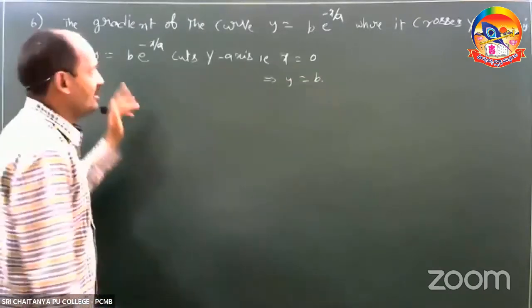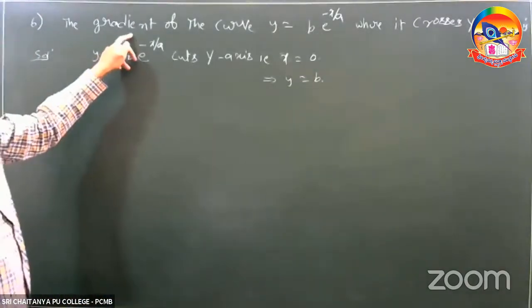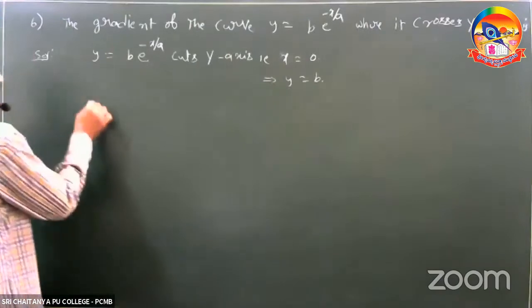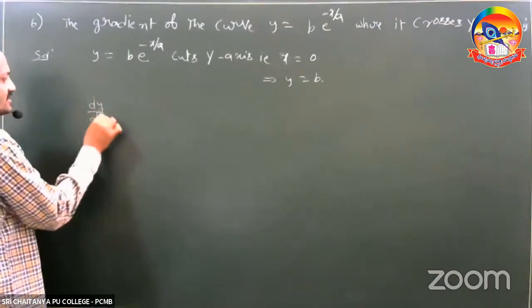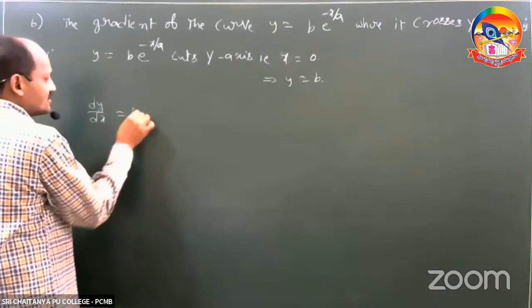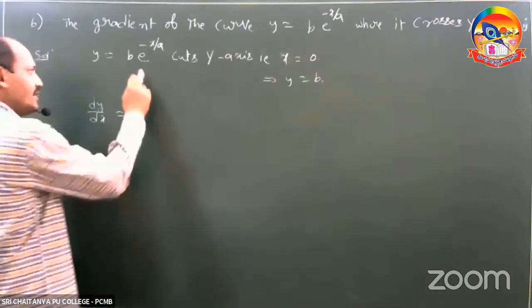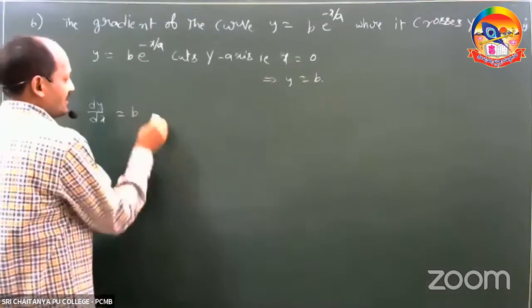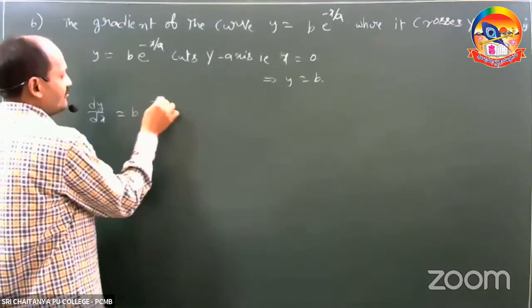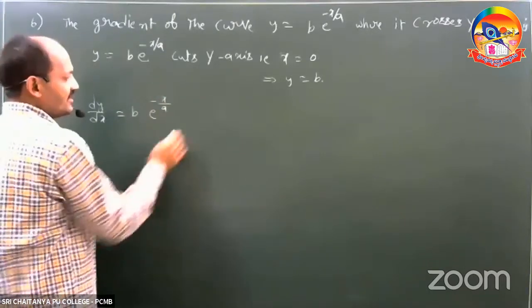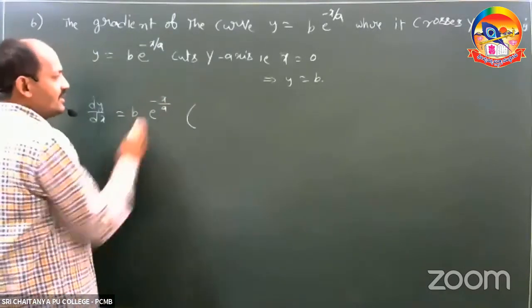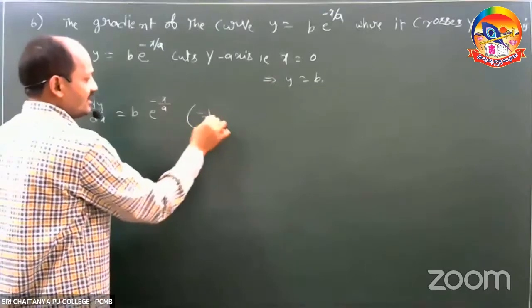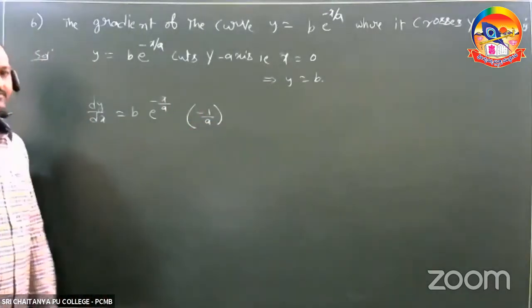But here we have to find the gradient. Gradient means slope, so we differentiate, dy by dx. b is a constant. The derivative of e power minus x by a is e power minus x by a into the derivative of minus x by a, that is minus 1 by a.